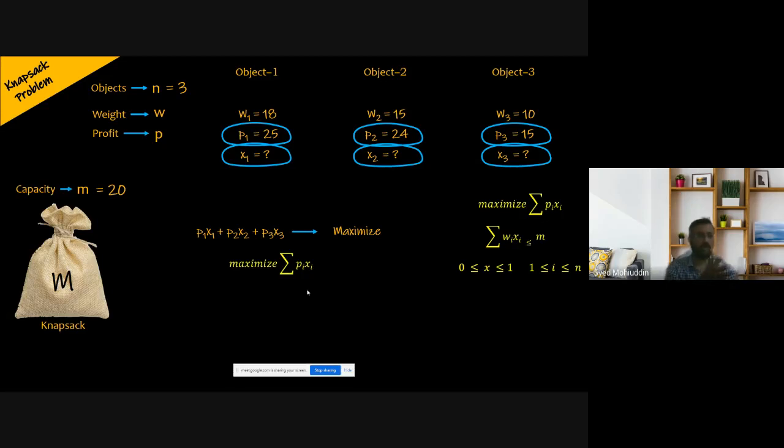There, PayPal was free, so we wanted to spend less money, and that was a minimization problem. Here, this is a maximization problem because we want to earn maximum profit by putting object 1, object 2, object 3, in full or in part as a fraction.